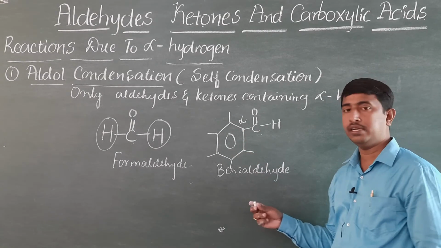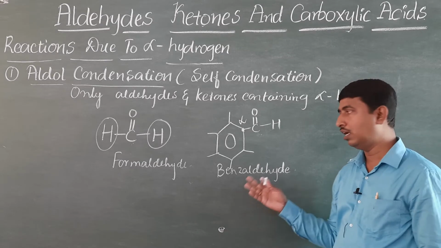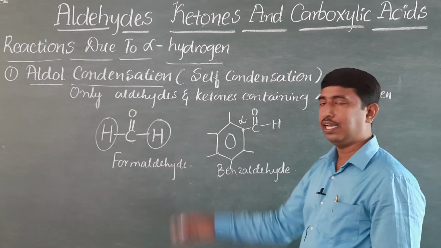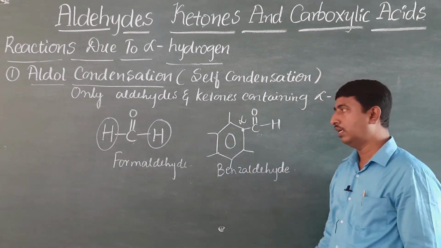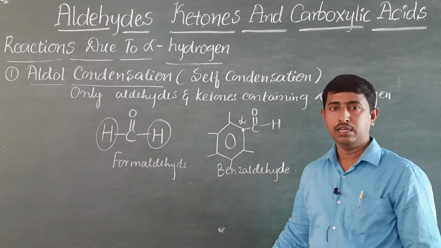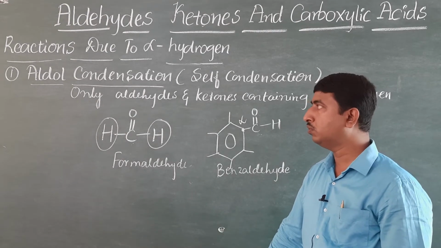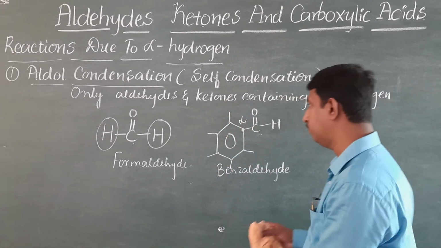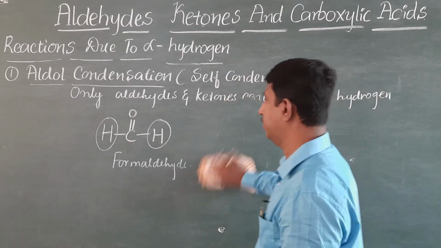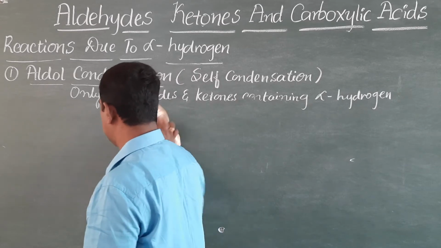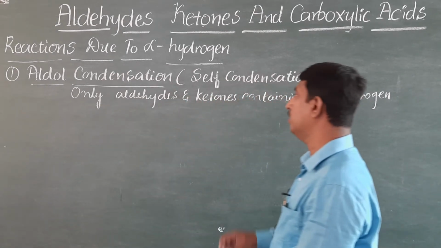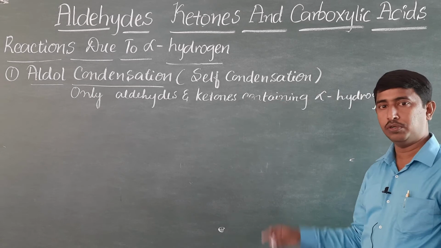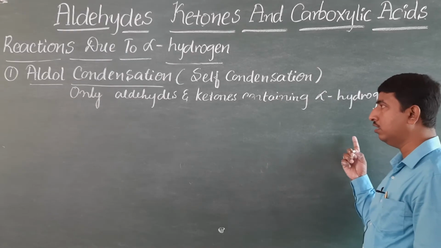So benzaldehyde does not contain any alpha hydrogen, so it cannot undergo aldol condensation. So formaldehyde and benzaldehyde do not show aldol condensation because of the absence of alpha hydrogen. Aldol condensation is seen only when aldehydes and ketones possess alpha hydrogen.